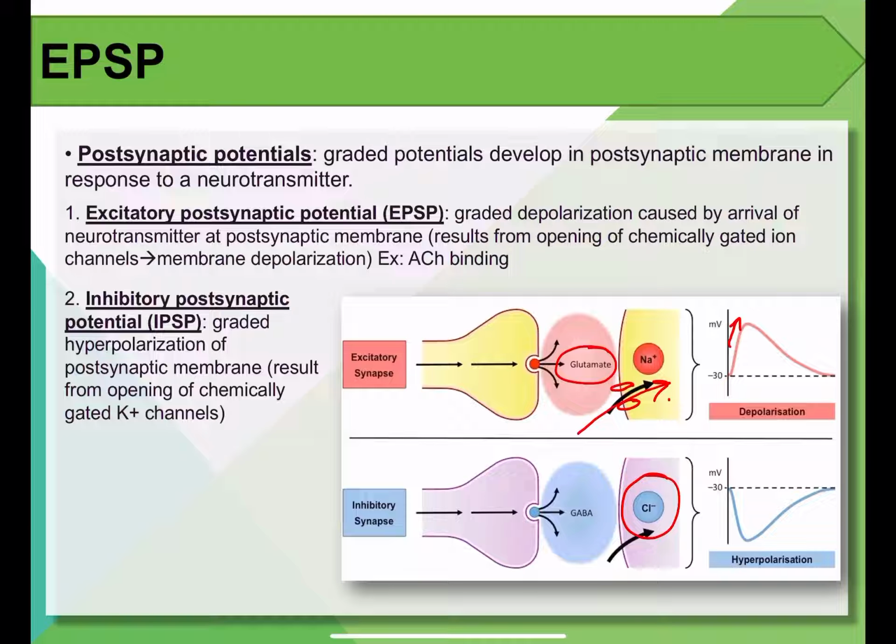For example, originally, let's say this was -70 as the resting membrane potential. Now, because GABA is an inhibitory neurotransmitter, it activates your chloride ion channel instead. Chloride ions flow in, and with their negative charge, it's only going to make this membrane even more negative, let's say -85 or -90.